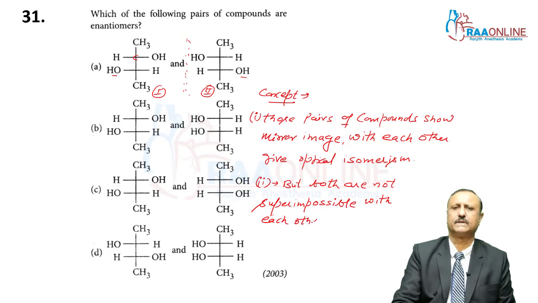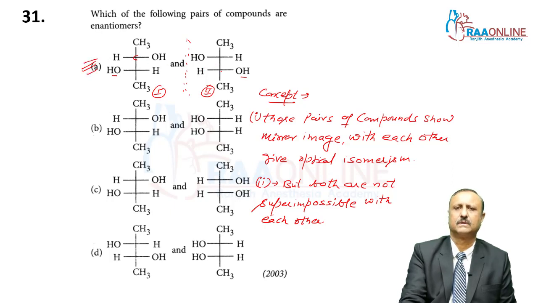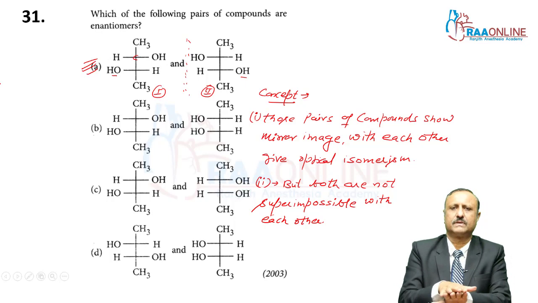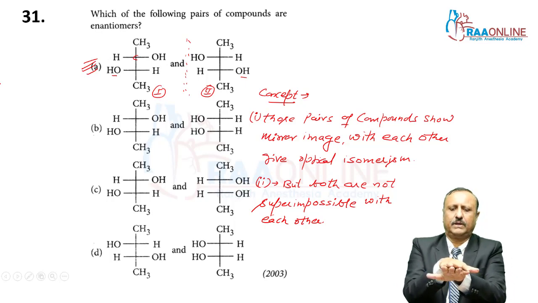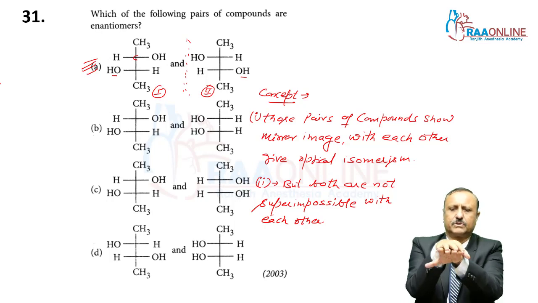So, here my dear students, the answer is A, because both are mirror images, and when you place the second molecule on the first molecule, they are not superimposable with each other. Superimposable means that when molecules fit exactly on each other, they are called superimposable molecules.